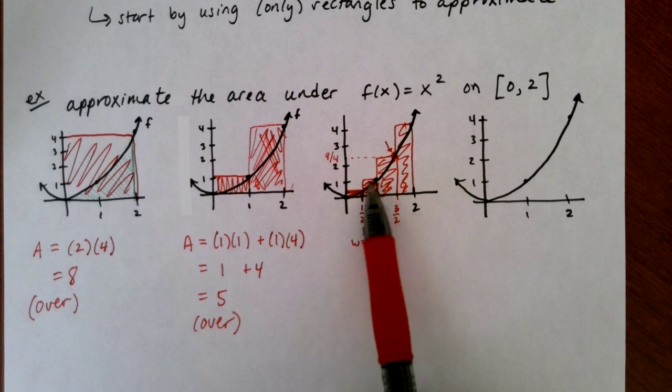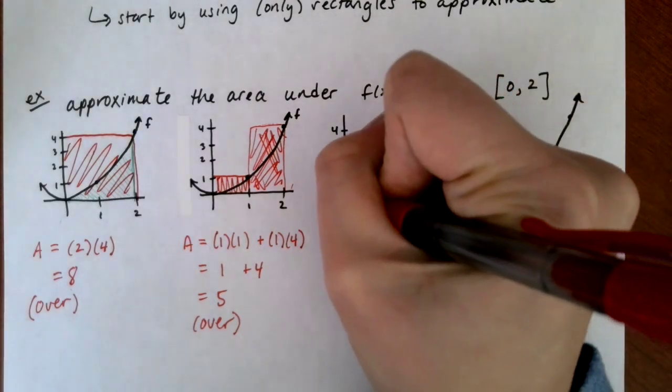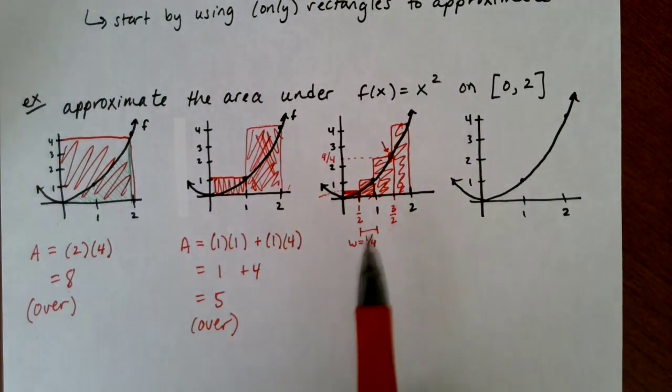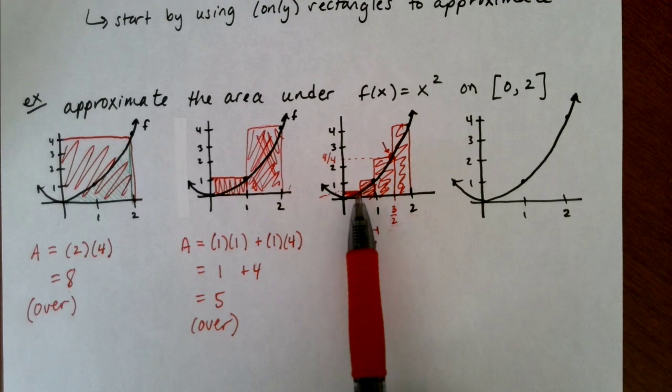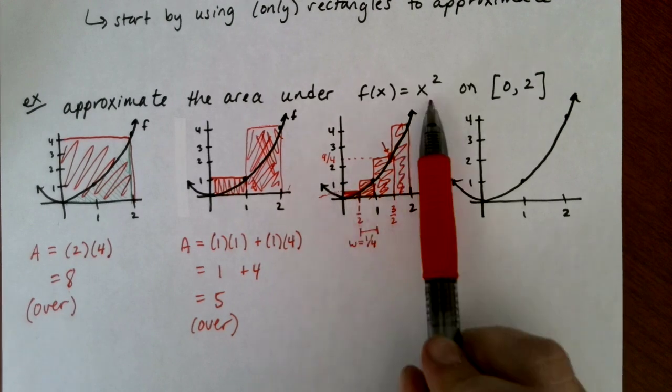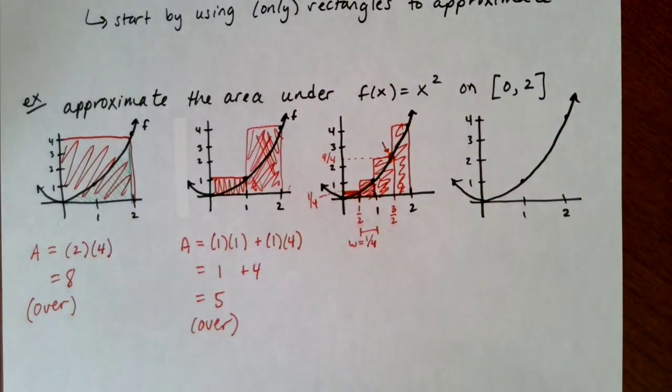This second shortest rectangle here, its height is f of 1, which is 1. And that means this last one right here, which I'll extend out for clarity, is using the point above 1/2 for its height. So its height is f of 1/2, which is 1/2 squared, which is 1/4.